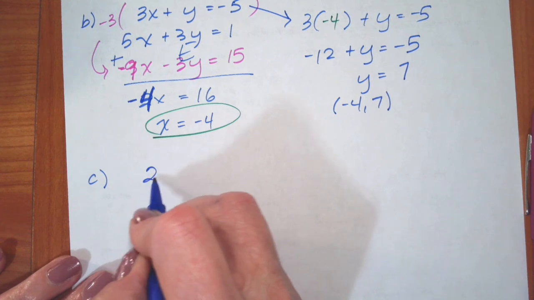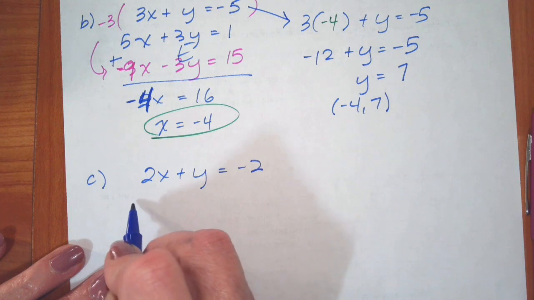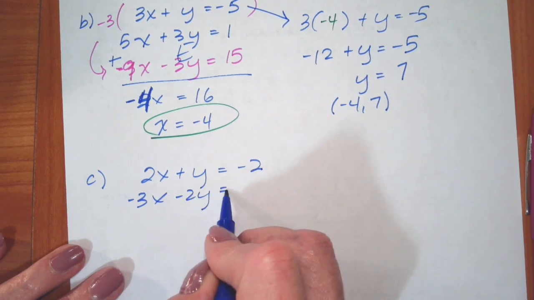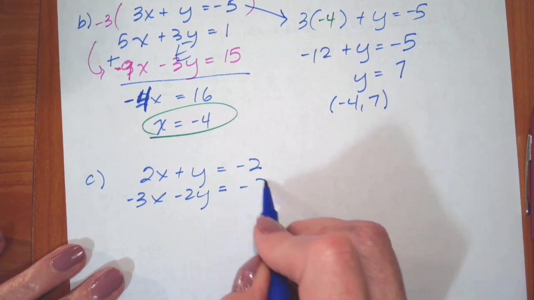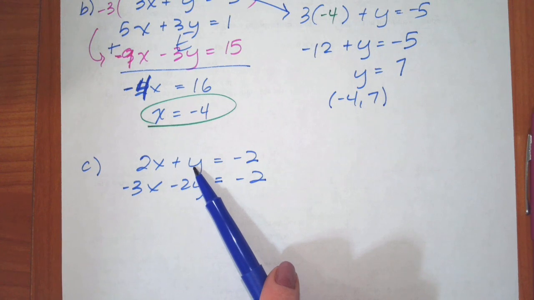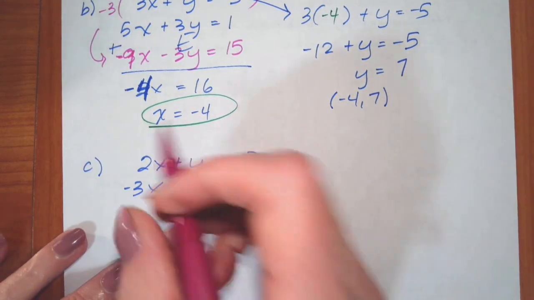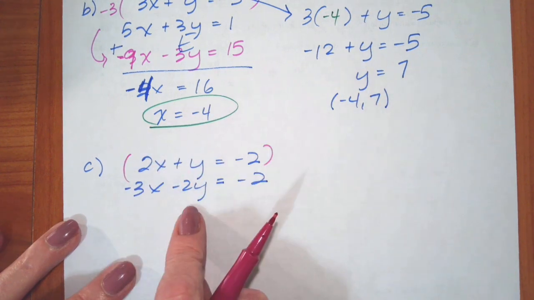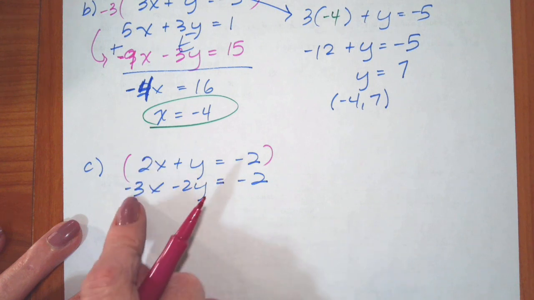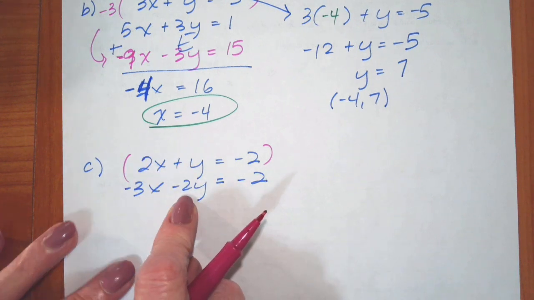Okay, on C, I get 2x plus y is equal to negative 2, and negative 3x minus 2y is equal to negative 2. Okay, once again, this would be easy to solve for y, and then you could replace it in here. But since they're lined up like this, I want to do elimination. So let's see. I could either turn this into a positive and negative 6 or turn this into a positive and negative 2.